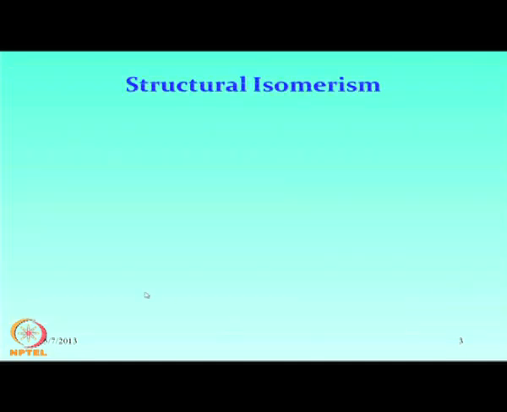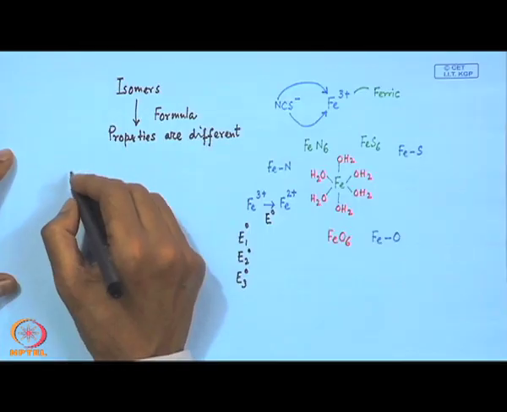So, first we will talk about the structures. Structural isomerism has its starting point in how we get the corresponding structure of the 3-dimensional molecule which is a coordination compound.